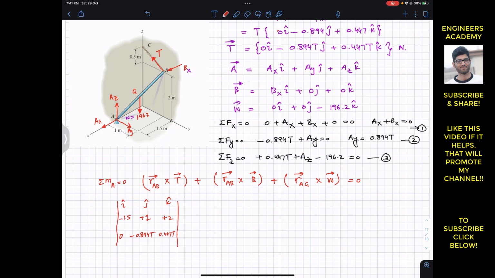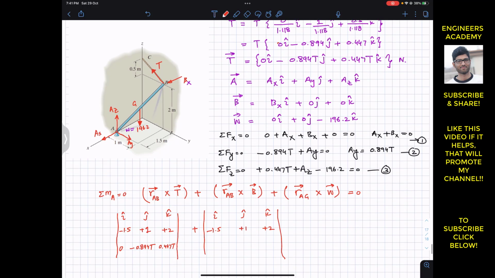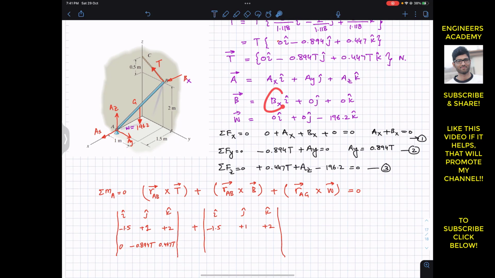So then we will write plus, then i, j and k, the determinant for the second, the moment of that B vector. So again, the position vector from A to B, we will have those same components. So we will write minus 1.5, plus 1, plus 2, and the B vector has only one component, that is Bx, and that is along the i.